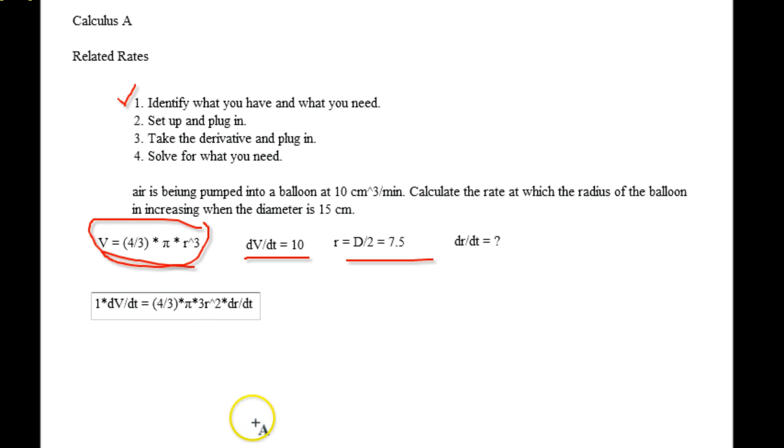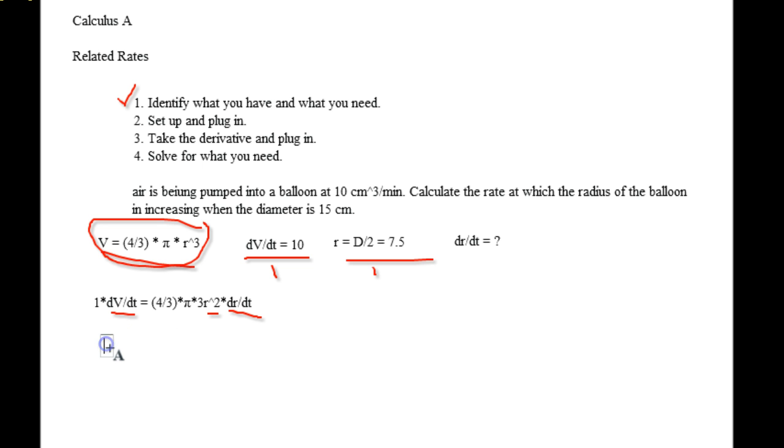Now that should be ringing a bell: oh my goodness, isn't that what I'm looking for? Yes, but unfortunately we don't know r and we don't know dV dt. Oh wait, we do. That's the beautiful thing about it: once you start doing the derivative, you should be able to start plugging things in.